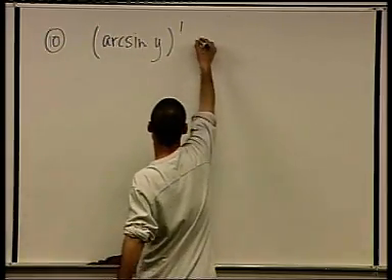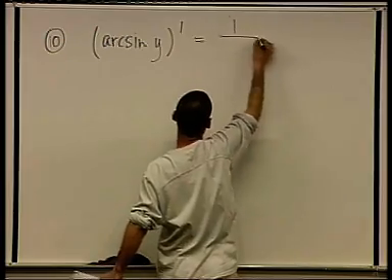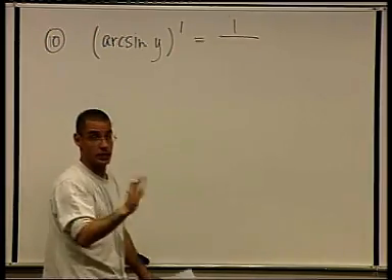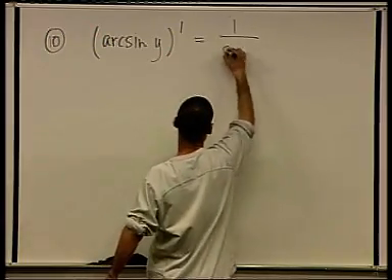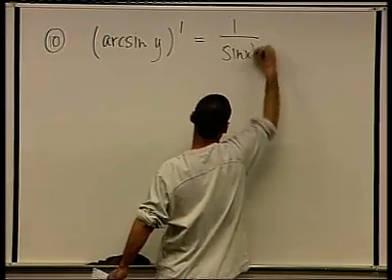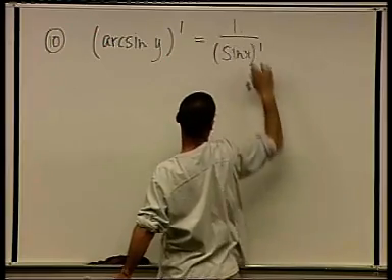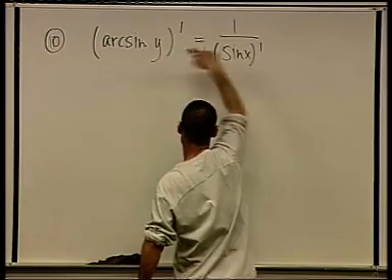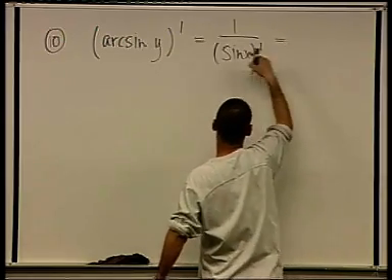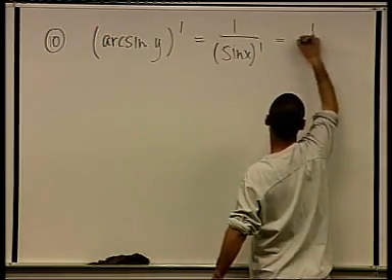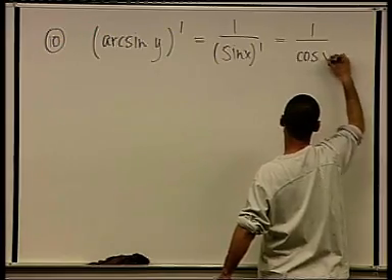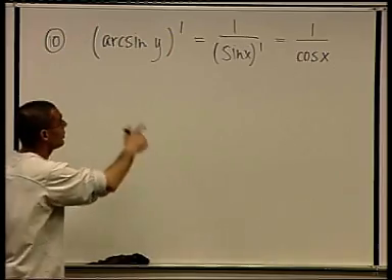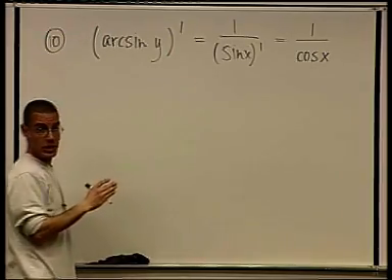So what is it? It's 1 over, arc sine is the inverse function of sine, 1 over sine x prime. Do you agree? So here I use the theorem, the derivative of the inverse function. What's sine of x prime? Cosine of x, right? But now I want to go back to the y's. I can't leave it like that.